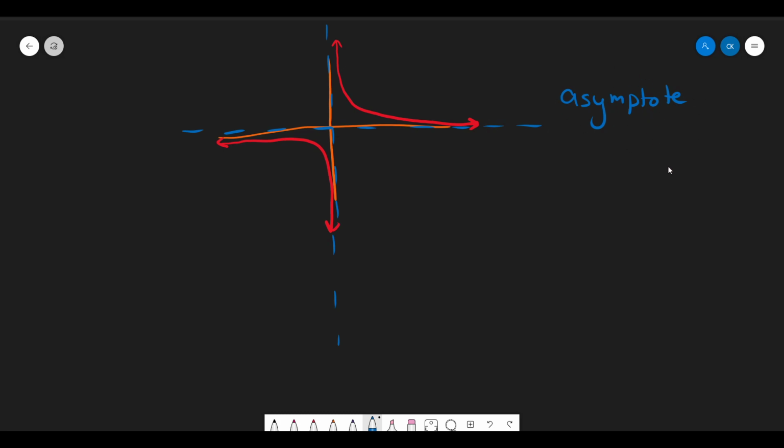So for all rational functions, you actually have 2 different asymptotes. You are going to have a vertical asymptote and a horizontal asymptote. Obviously the vertical asymptote is the vertical line here, the up and down, and the horizontal asymptote is the horizontal line, the left and right.